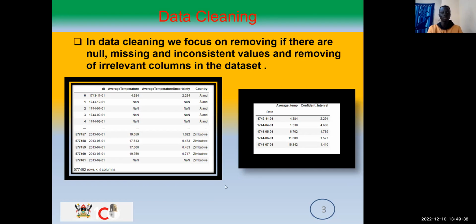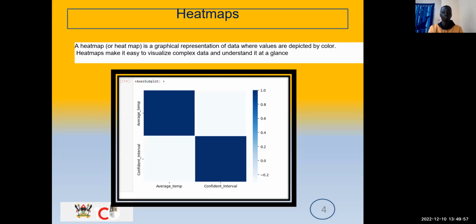We previously had this kind of table, and when we did data cleaning, this is the table we obtained, where we have three columns with the names modified, no null values, and no missing values. Now, heat maps.